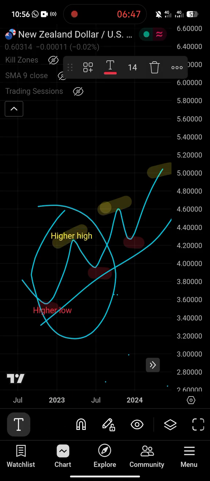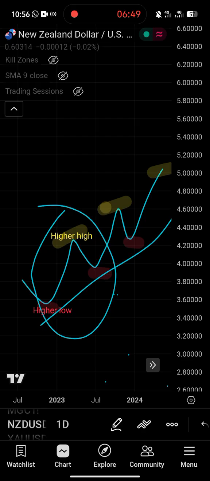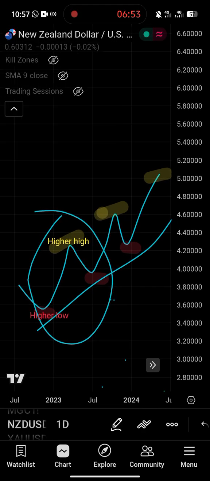Yeah, simple. So this is an uptrend, as I said earlier. A trend is a wave. It's a wave motion. So it's either moving up or moving down. You get me? For now, that's what we are learning. When it's moving up, it's called an uptrend, which consists of higher highs and higher lows.